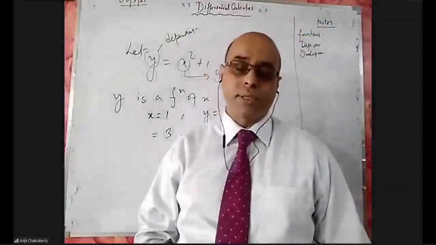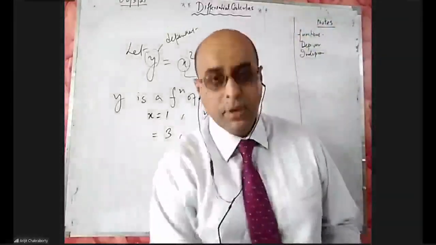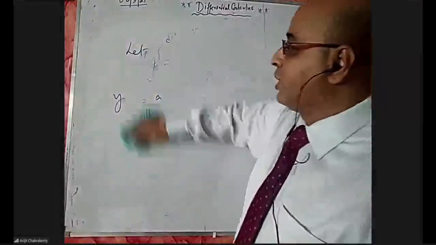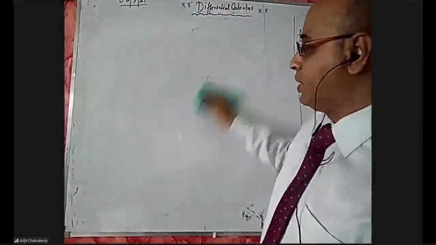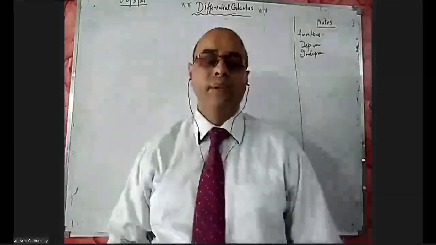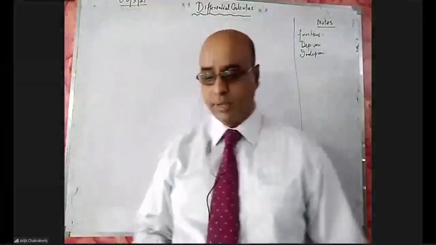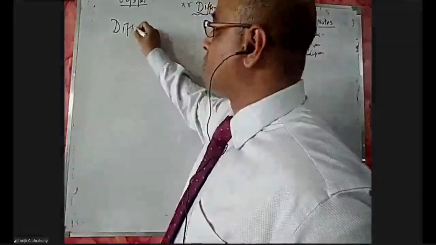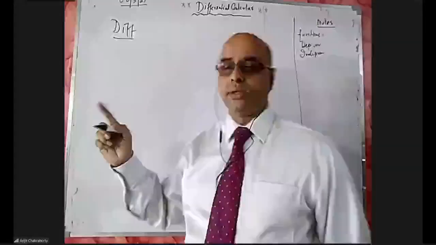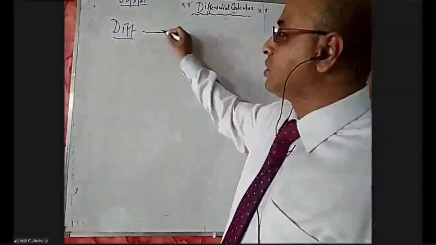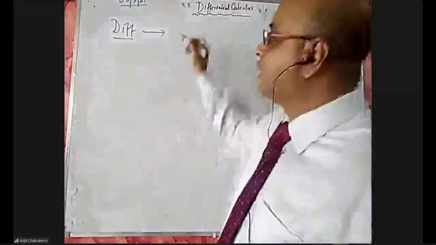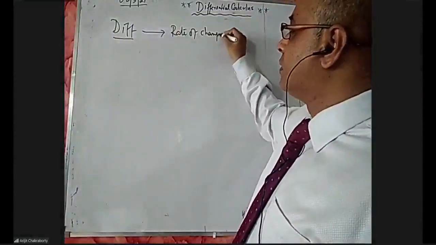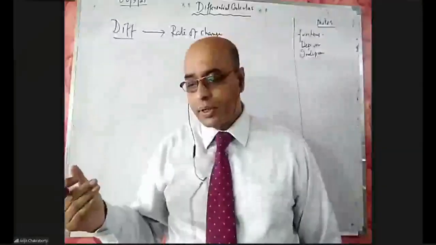Now comes the question, if we try to find out what will be the change in one variable with respect to the other variable. So here you see differentiation, which we write in short as diff. Differentiation means they are trying to find the rate of change. Now, rate of change of what?